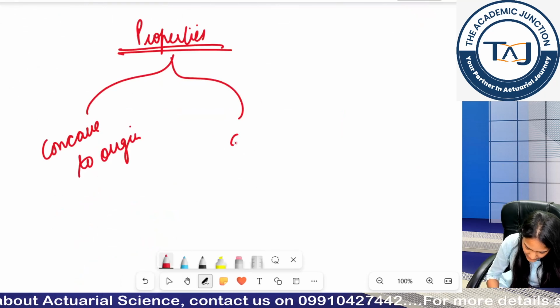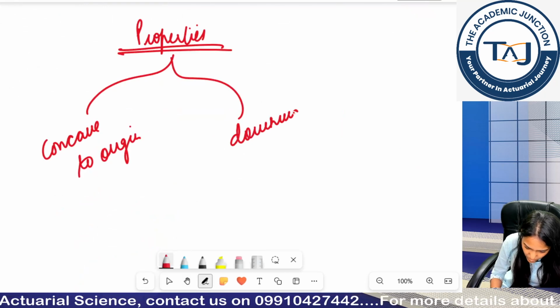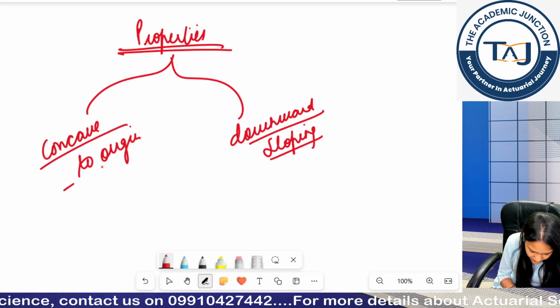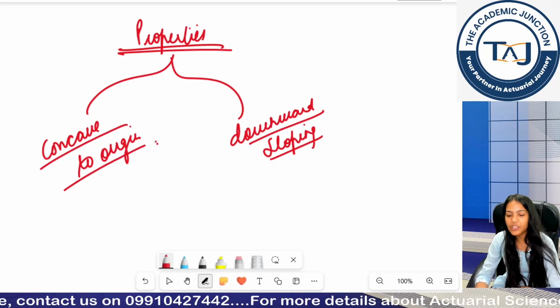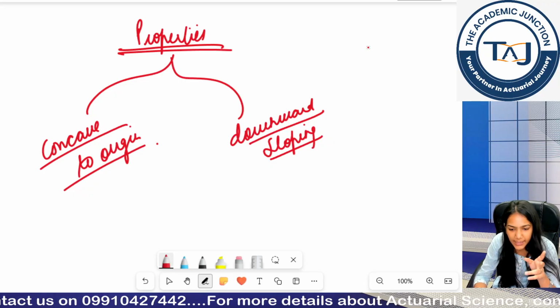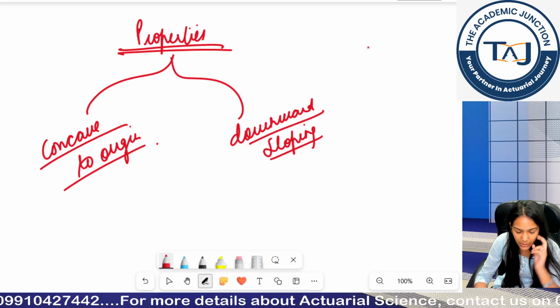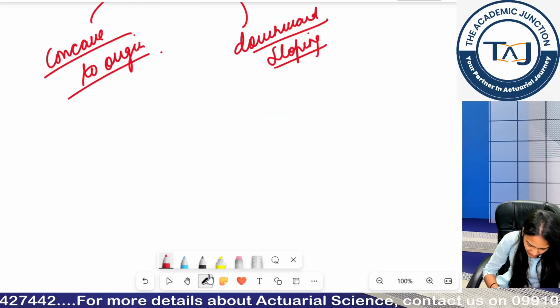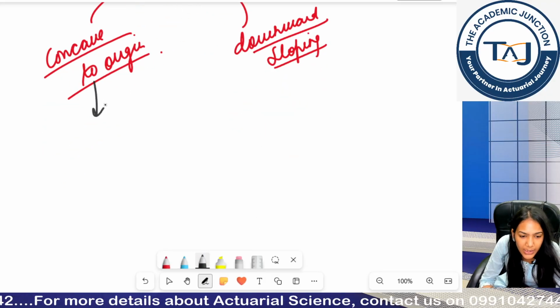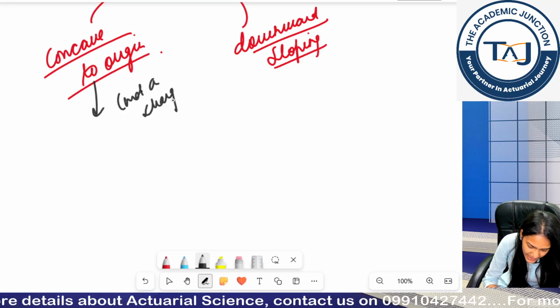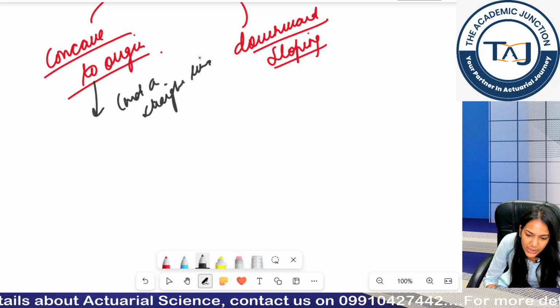Similarly, the second property is that it is always downward sloping. These are the two major properties of PPC, and we will also understand the reasons behind them. So why is my PPC concave to origin and not a straight line? This can be asked in your exam.